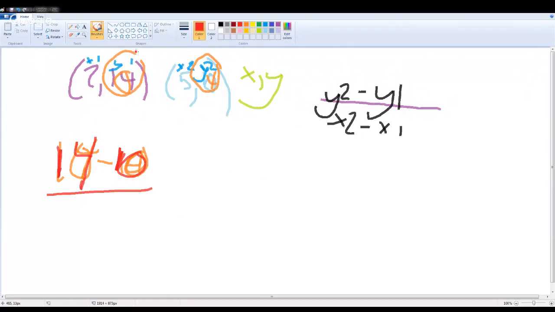So we have y2 minus y1. Now we got to get minus x1. So x2 is 5 and x1 is 2. So now you can either do the intervals like I just showed you, the change, or you can just do it as normal, pre-K style, which is the easy way.